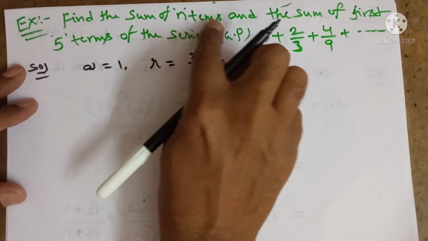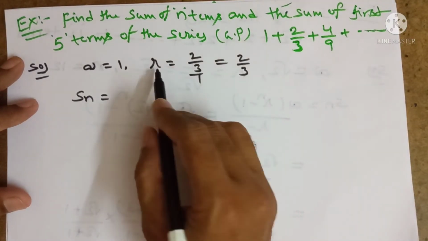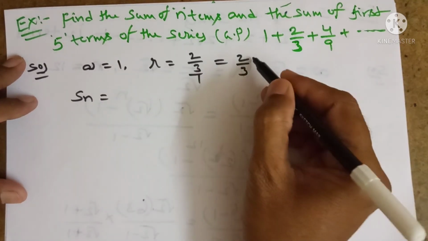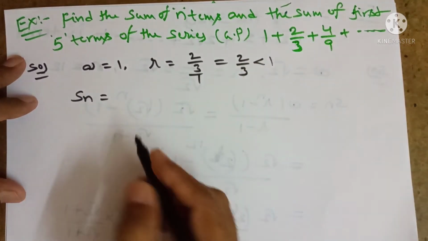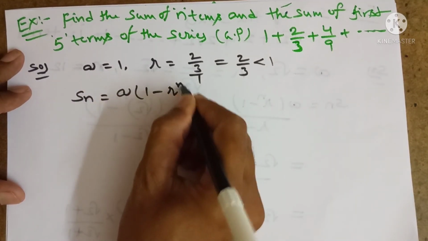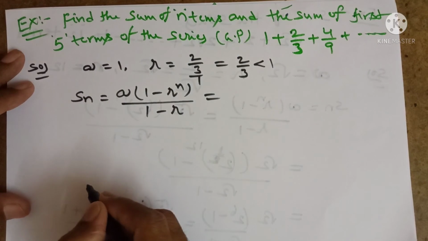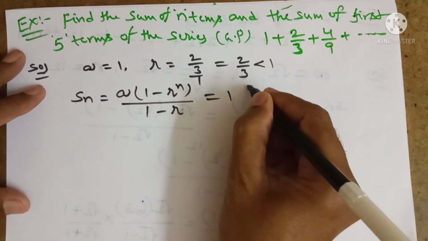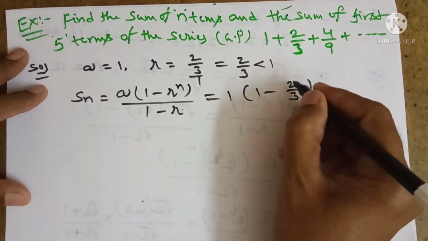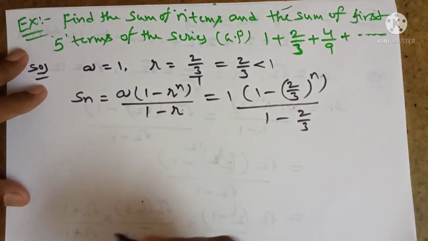Sum of n terms, Sn is equal to the formula. Here R is equal to 2 by 3, which is less than 1. So clearly Sn is equal to a into 1 minus R power n by 1 minus R. This is equal to 1 into 1 minus 2 by 3 power n by 1 minus 2 by 3.